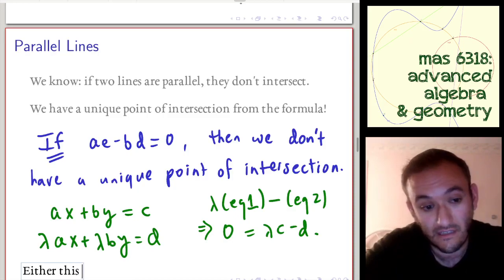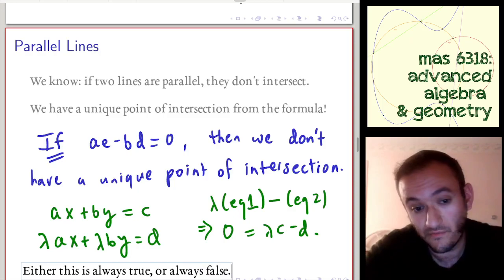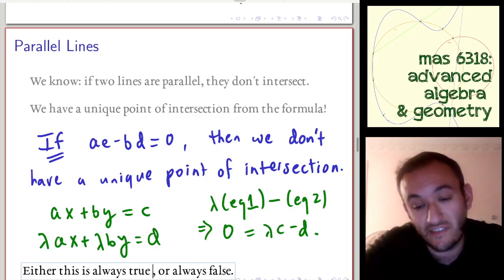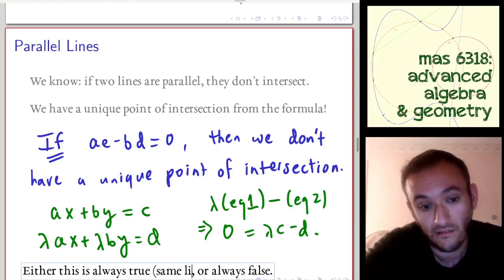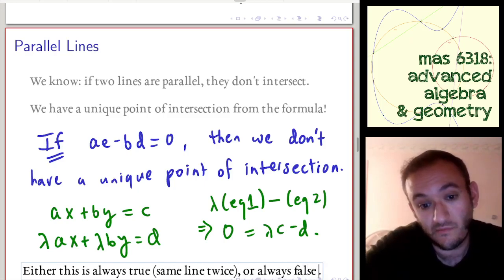So either this is always true or always false. In the case that it's always true, then we just have the same line described twice. If it's always false, then they must be parallel.